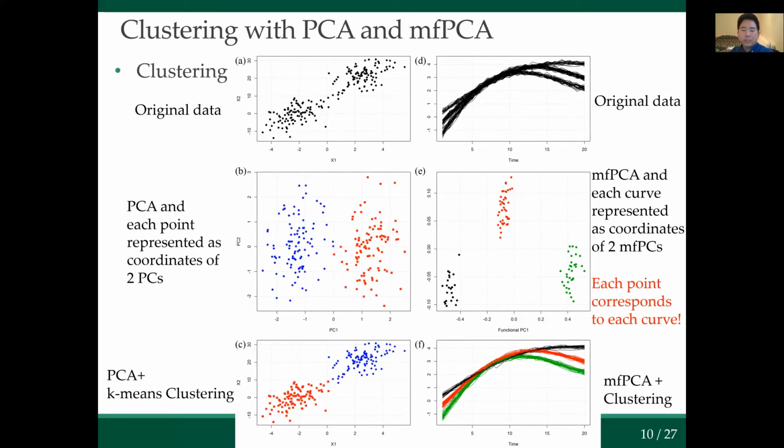Extracting the functional principal component scores can provide information about the characteristics of functions or curves. If we apply clustering analysis on the functional principal component scores, we can classify curves based on the longitudinal patterns. By doing this, we can identify underlying major neighborhood trajectories.